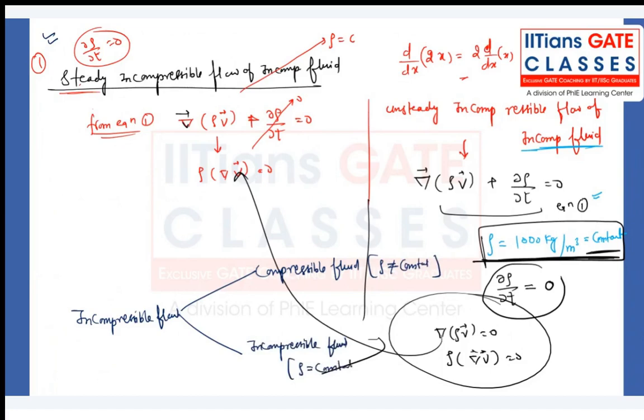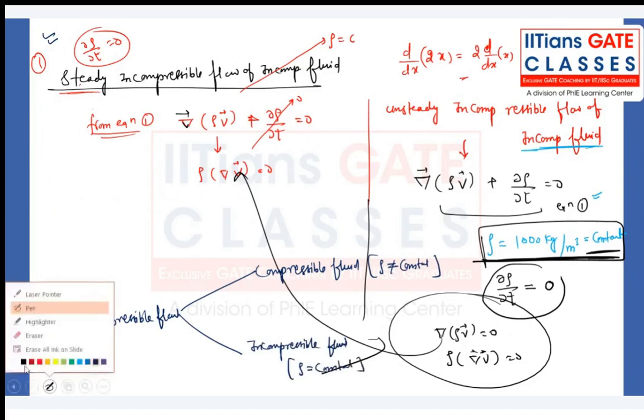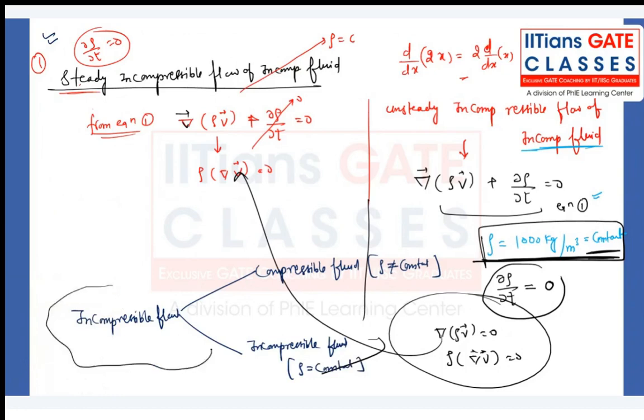So you might be thinking, sir, in examination, in GATE examination, how we come to know whether they are talking about incompressible flow of incompressible fluid? We have to assume, because it is being proven that with 99.9999 chances, if it is an incompressible flow, it has to be incompressible fluid.